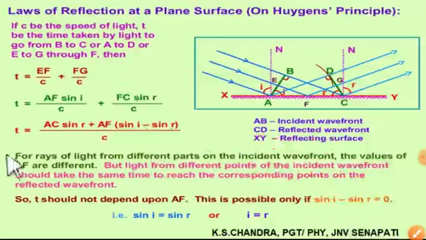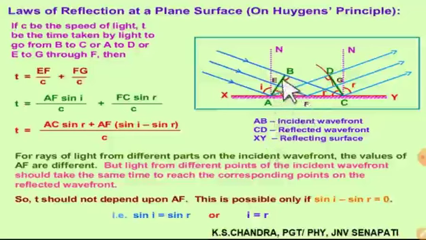Now let's see, this part is very important. There are many methods to do it, but this one is much simpler. If you are asked to prove the laws of reflection by using Huygens' principle, it will give you only 2 or 3 marks, and for 2 or 3 marks this is more than enough. For rays of light from different points on the incident wavefront, the values of AF are different.